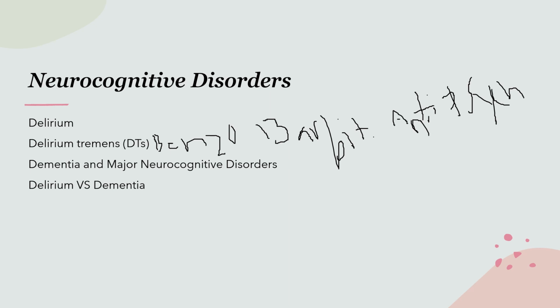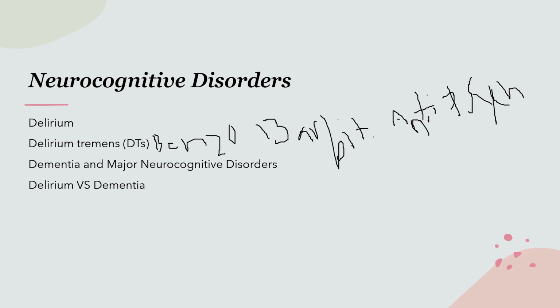So then we have dementia and major cognitive disorders. They're a wide variety of disorders that impair cognitive function such as memory, social skills, reasoning, and intellectual ability. So let's talk about the difference between dementia and delirium, because now we know the difference between delirium and DTs.